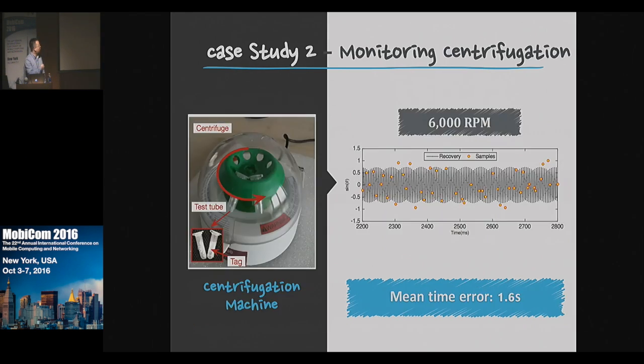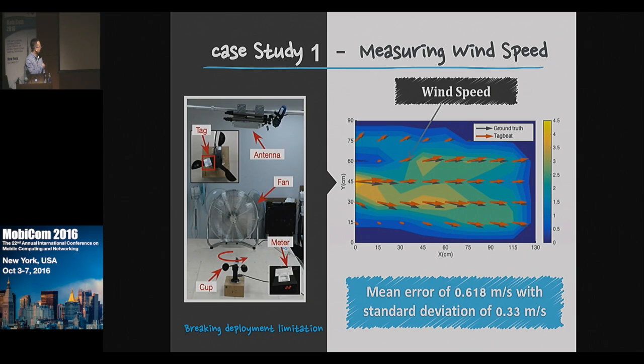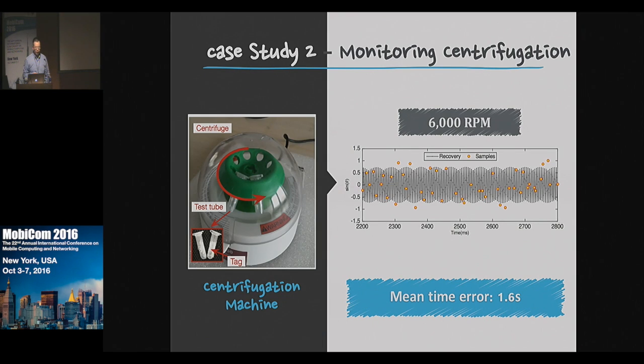In our experiment, we attach an RFID tag on one of the cups and inspect the vibration. We can see that we can get almost the same result as that from the specialized device sensors.